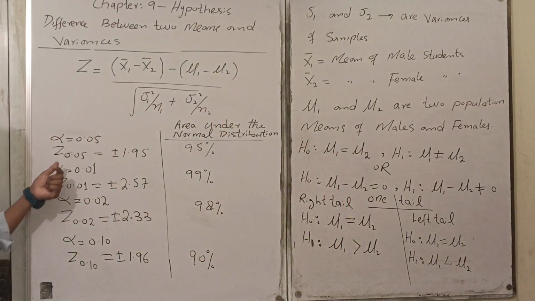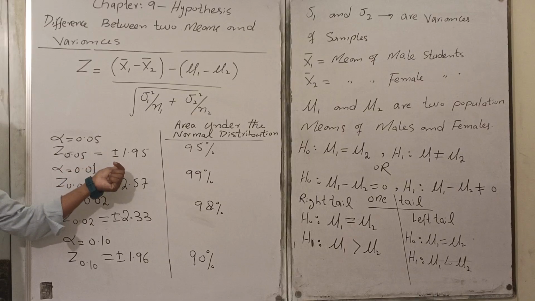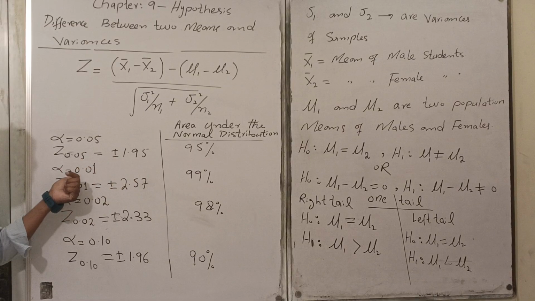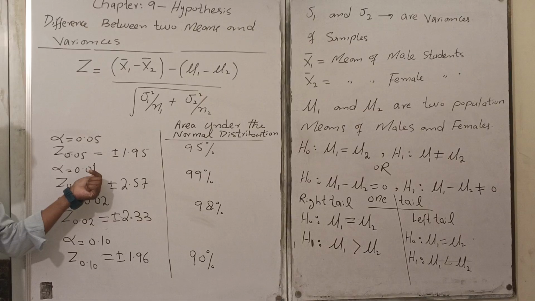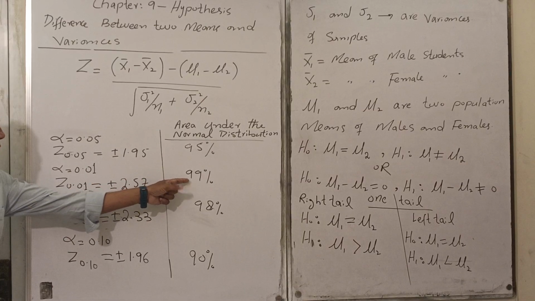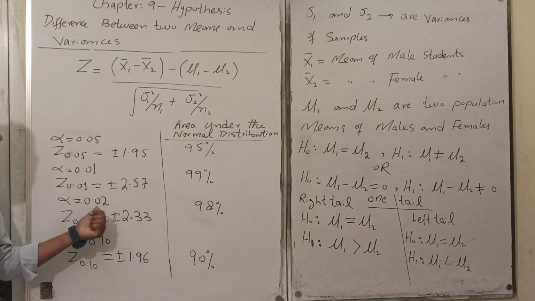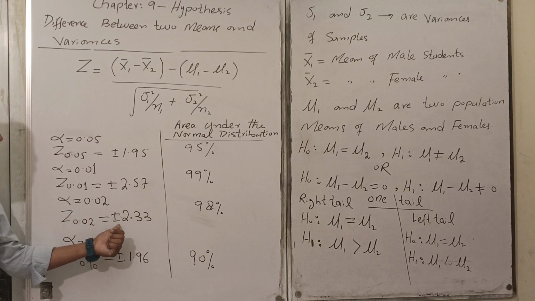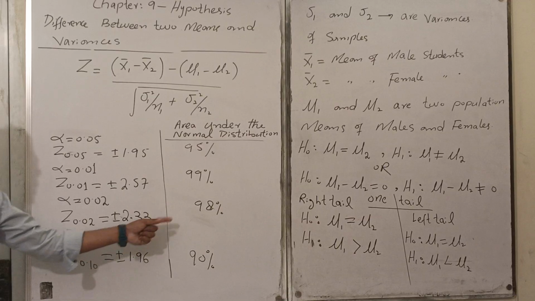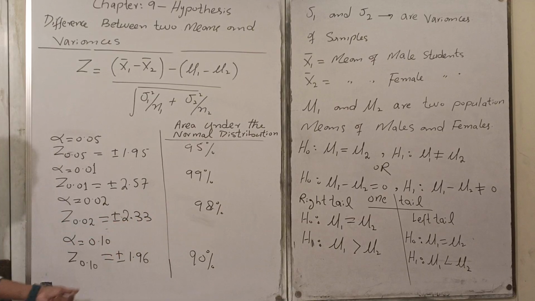Clear? So now you will have z 0.05 plus minus 1.95, and similarly alpha 0.01, that is 99%, and the critical value is 2.57, and similarly 0.02 critical value plus minus 2.33. Area under the curve is 98%, and so on.